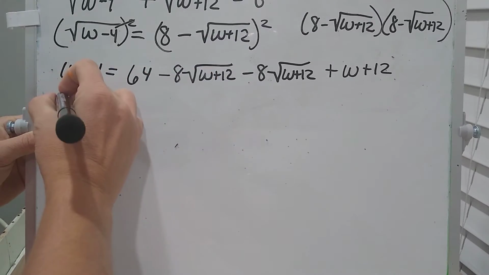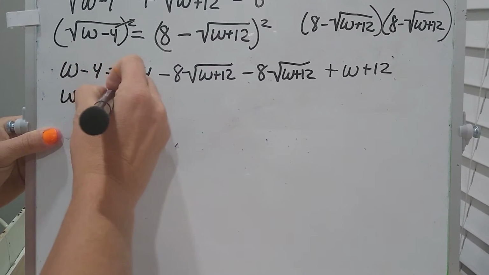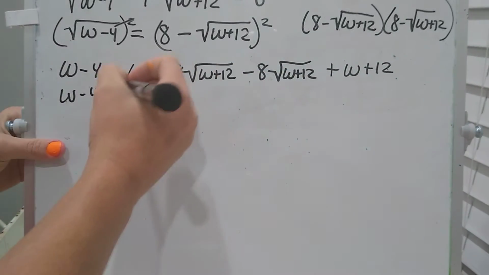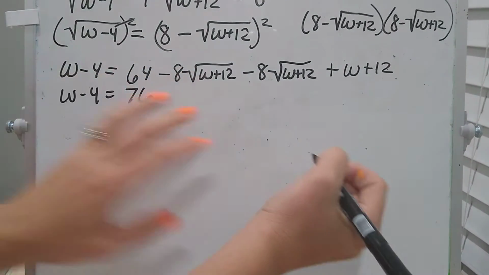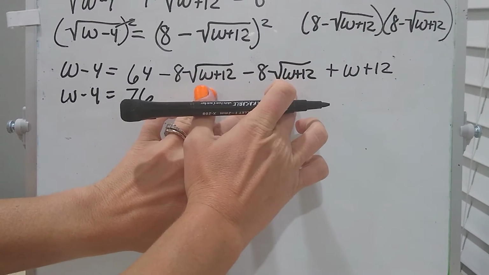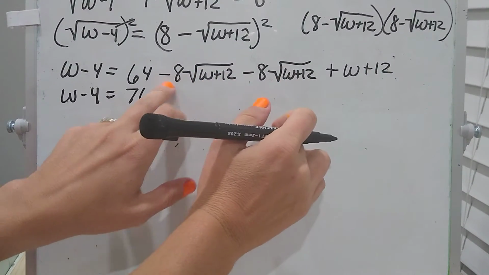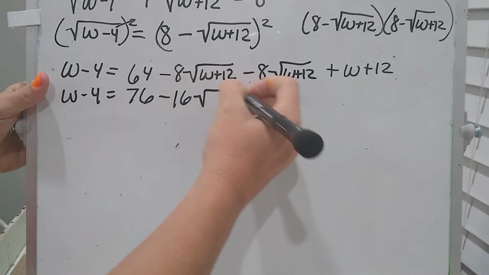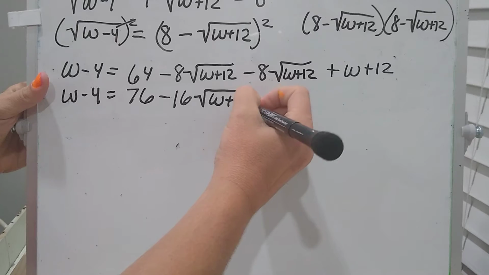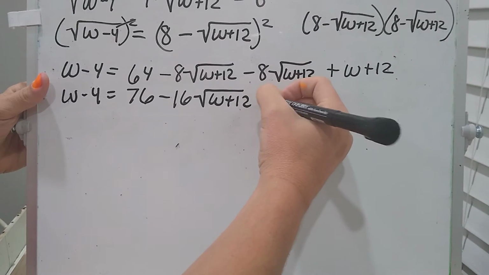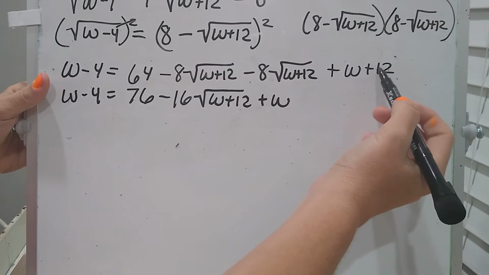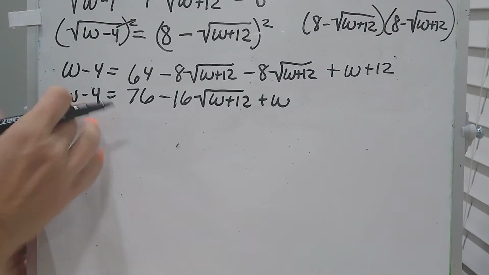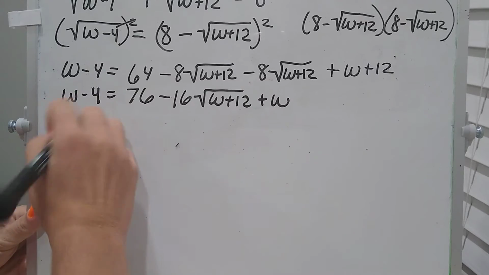So now we can simplify. Still got w minus 4 on this side equals, let's see all our numbers. So we got 64 and 12, so that's 76. Okay, I've got like terms here, square root of w plus 12, so minus 8 and minus 8. So we've got negative 16 times the square root of w plus 12 and plus w, and we already used our 12 up. Now I'm going to bring everything to the one side.